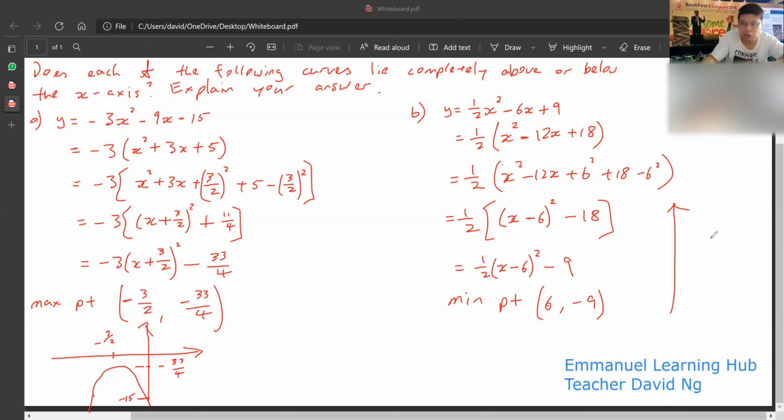Oh, because I changed the question. Okay, now my 6, -9. So you end up like that. So this one, does it lie completely above or below?